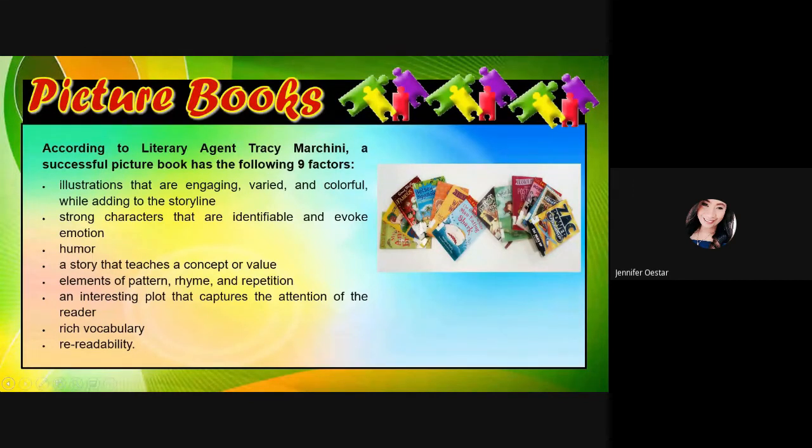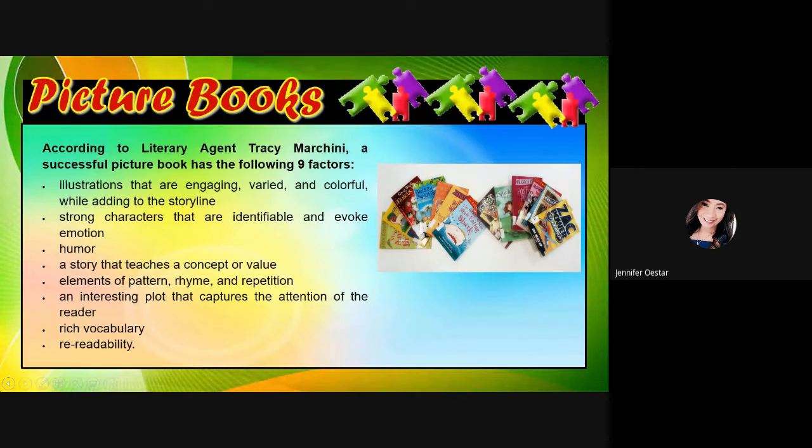So the main ingredient of a picture book is, of course, the use of pictures or illustrations. Strong characters that are identifiable and evoke emotion. So the characters are pronounced or obvious. You know that is the main character. Then the other one is an antagonist, and so on.